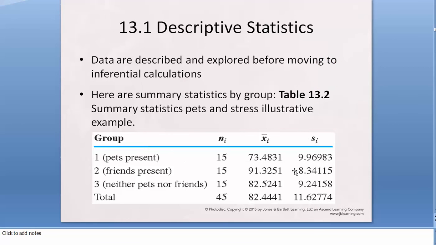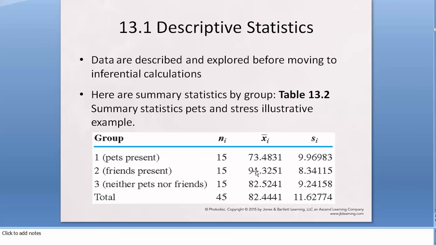So now we'll begin descriptive statistics. First of all, just to get an idea, is there really a big deal about these different characteristics? You can find the sample mean for each group, the mean heart rate, x bar i, where i is a dummy variable that varies from 1 to 3. The sample mean in the group where pets were companions is 73. If you had a friend, it is 91. If neither, it's 82.